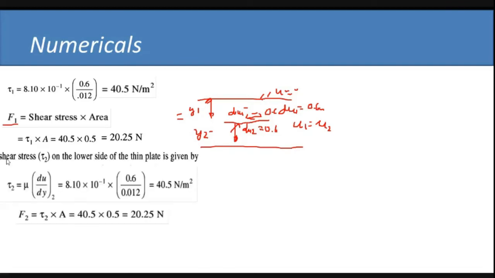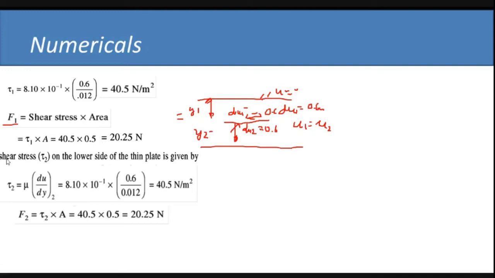So tau2 you will calculate, F2 you will calculate, with the same formula: tau2 equals mu du2 by dy2. So it is 8.1 into 10 power minus 1 into du2, again 0.6, dy2 is again 0.012. On solving, it is again 40.5 Newton per meter square, and F2 is again tau2 into area, so 40.5 into 0.5, so 20.25.